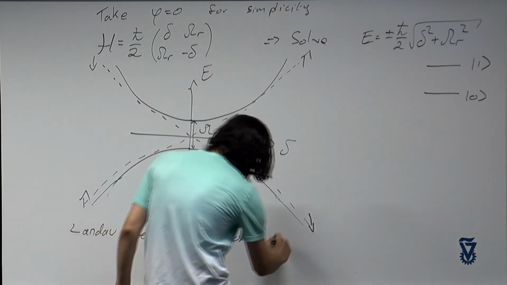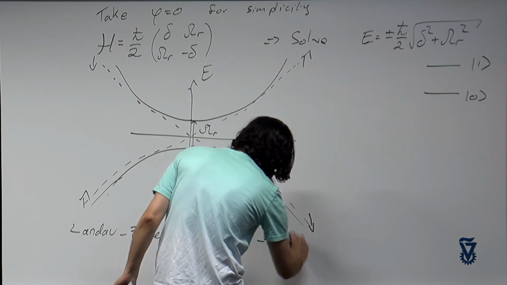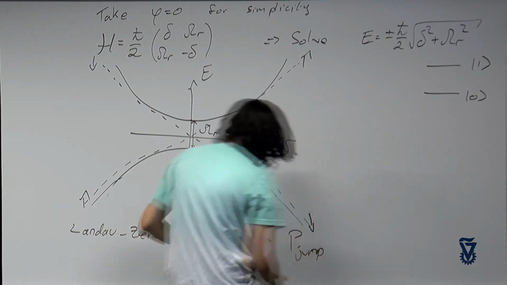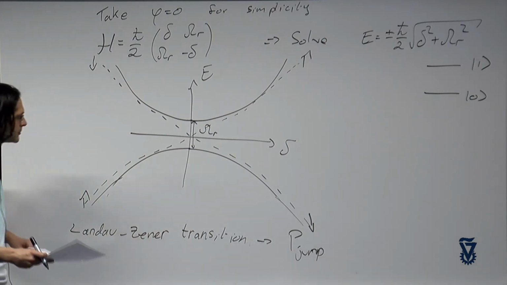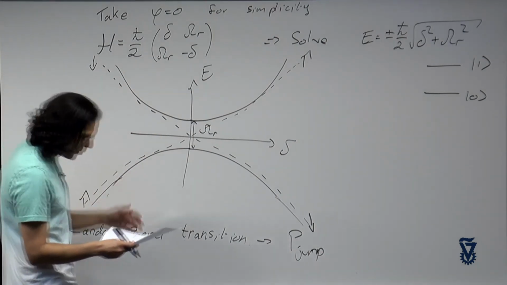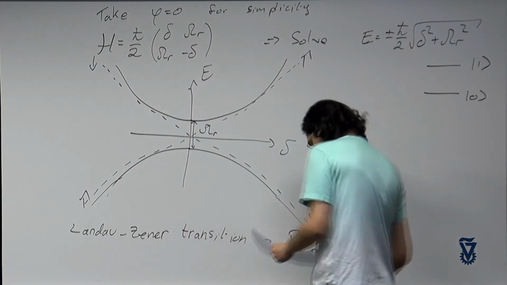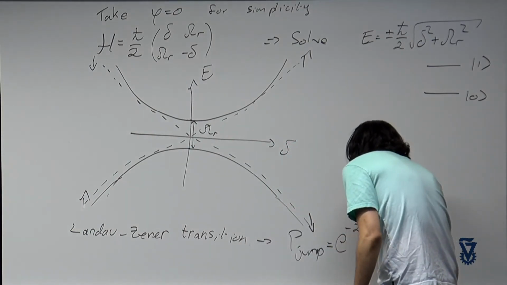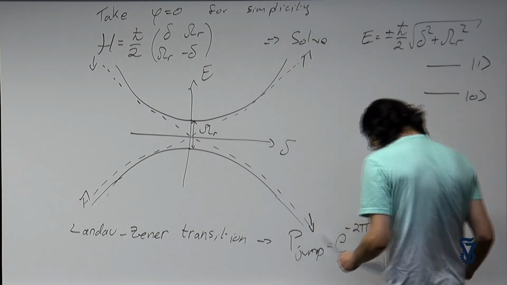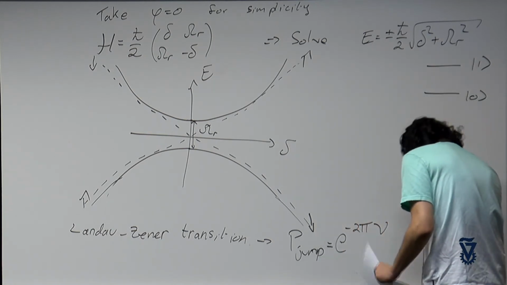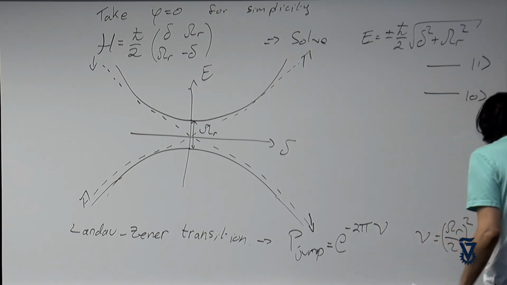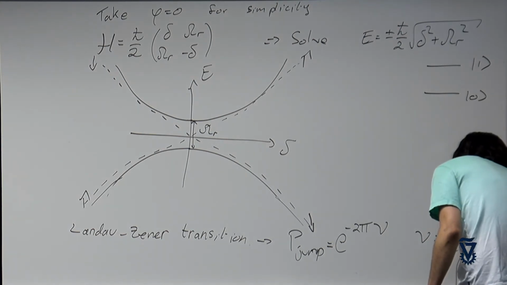And if you do the calculation or look on Wikipedia, you can see that the probability of a jump, so to jump from one state to the other, equals e to the minus 2 pi Γ, where Γ is (Ω_R/2) squared over Δ dot.